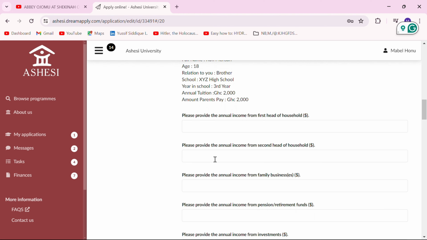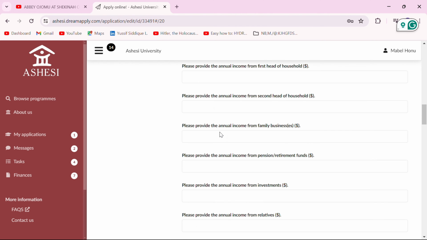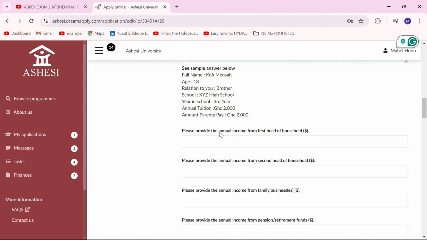Now here you'll be doing a bit of calculation. Everything here is in years, so you are finding the annual income based on what you are asked for. The first thing is to find the annual income for the first head of your family.